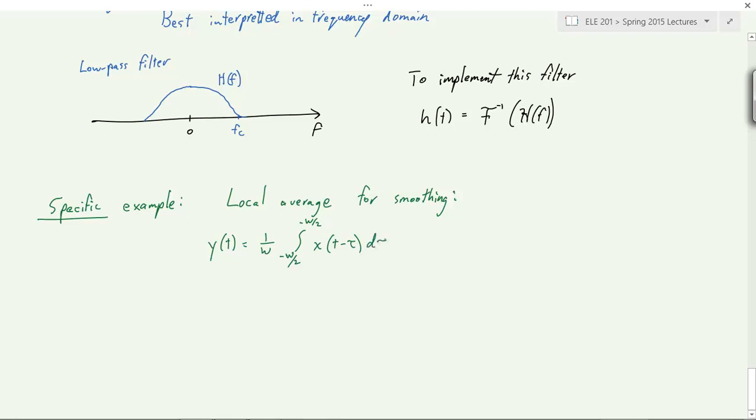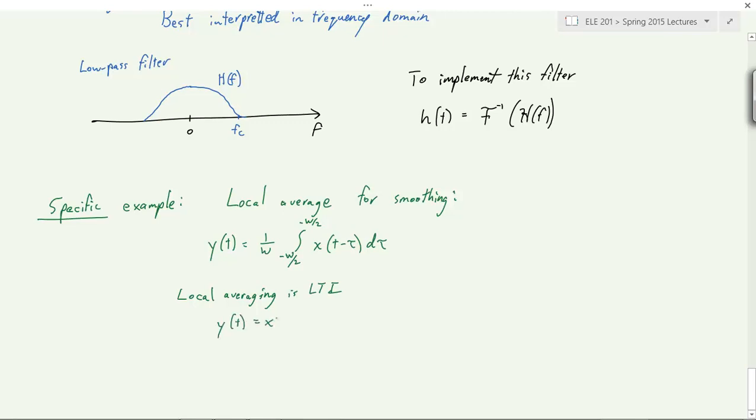The sound went out for some reason for the last few minutes of this lecture, so I'm just going to add a brief explanation of what I was explaining. What we're doing as an example here is a local window averaging, and here I give the expression for how you would calculate a local average of width w of a signal x.